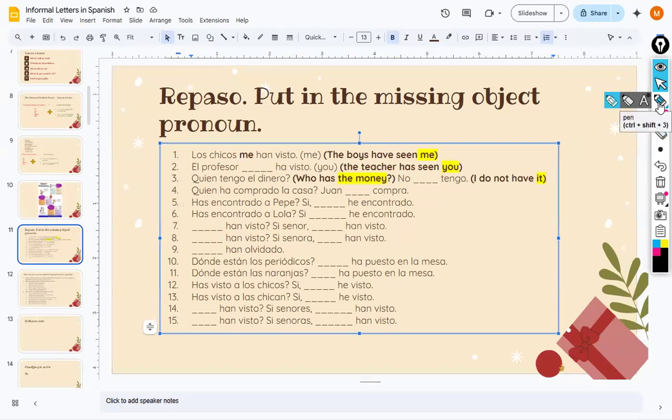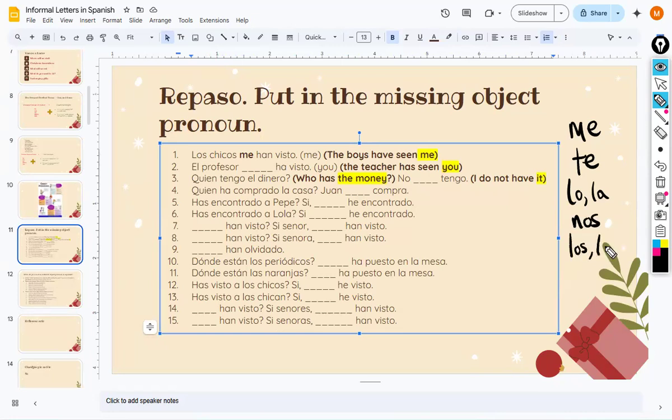So we are looking at the words we wrote down on the list last week: me, te, lo, la, los, las. We're choosing from this list.